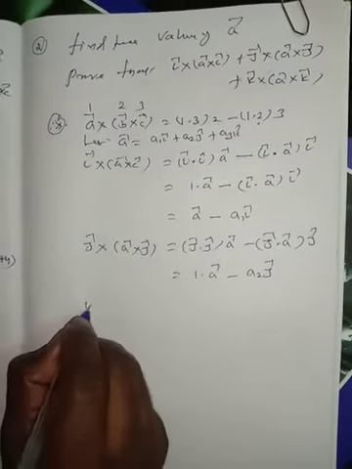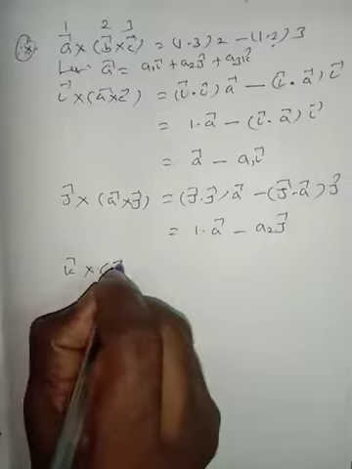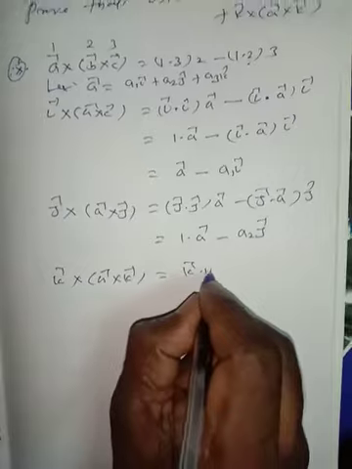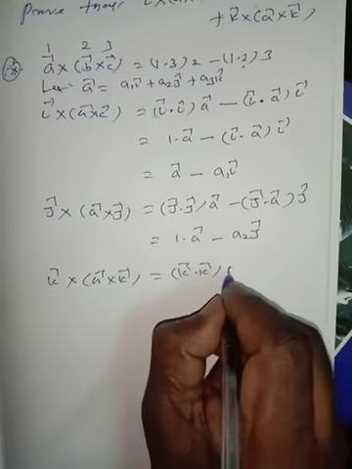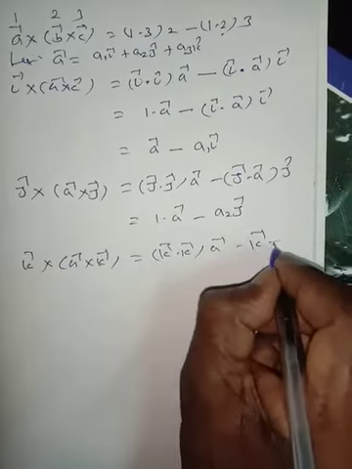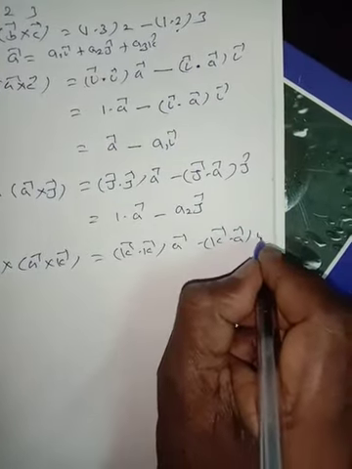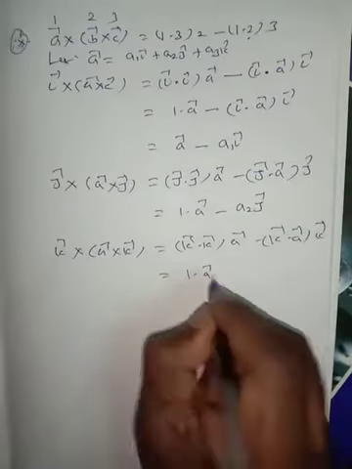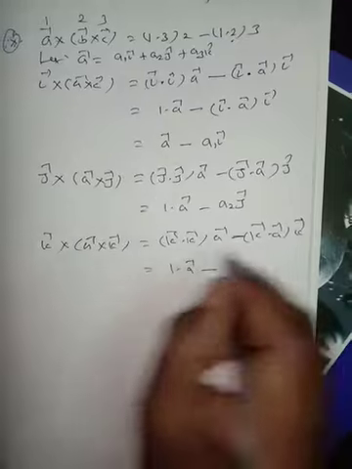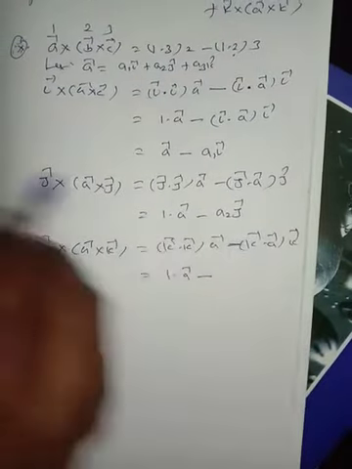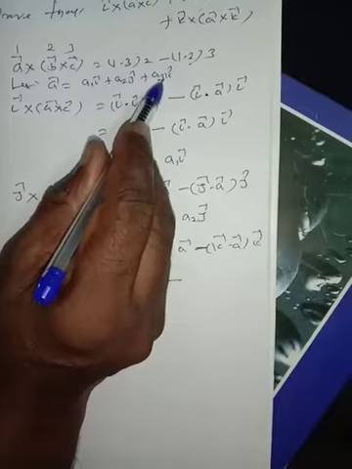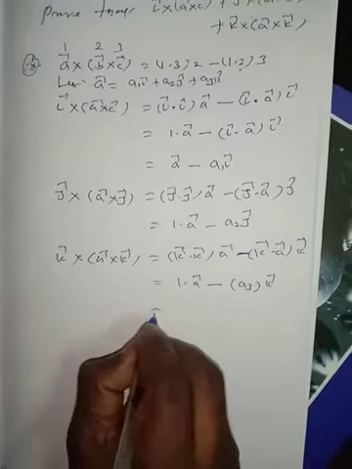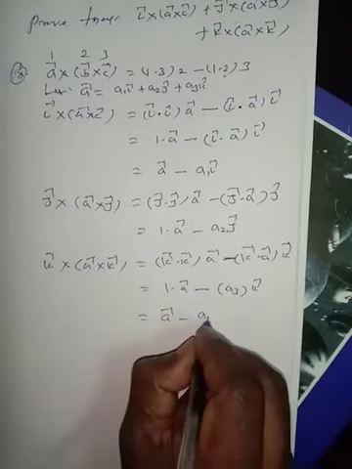Next, k vector cross (a cross k vector) is equal to (k vector dot k vector) of a vector minus (k vector dot a vector) of k vector. k dot k is 1, and k dot a vector gives a3, therefore a vector minus a3 of k vector.